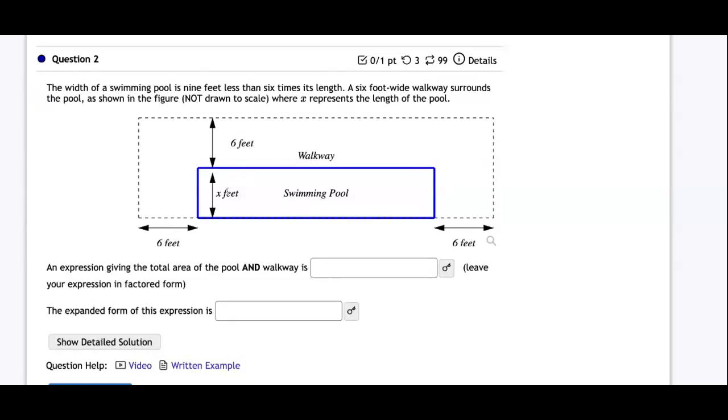Okay, look at this picture, right? The swimming pool is a rectangle, and this length is x feet, and the width, we didn't use anything to represent. Why? Because the width is 9 feet less than 6 times its length. So how do we represent that in x?